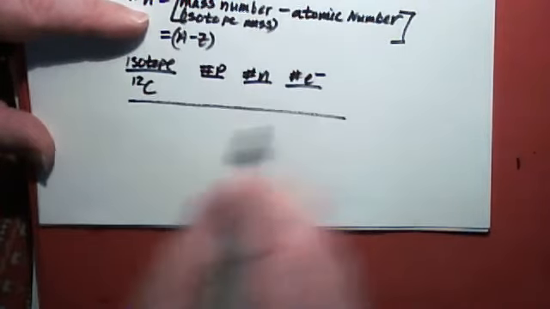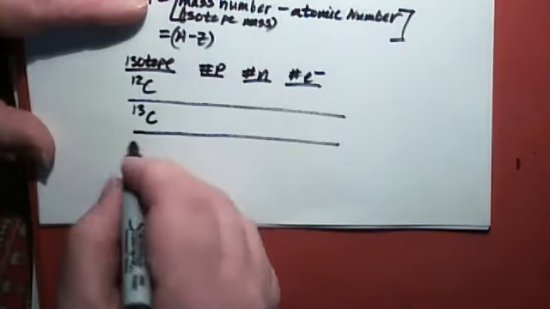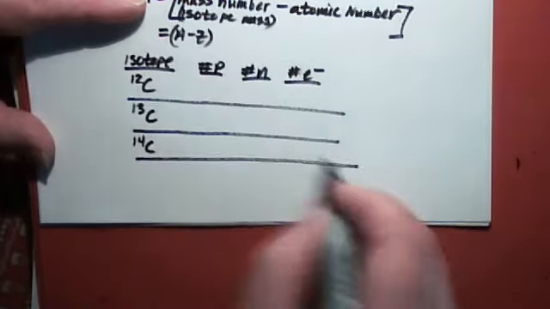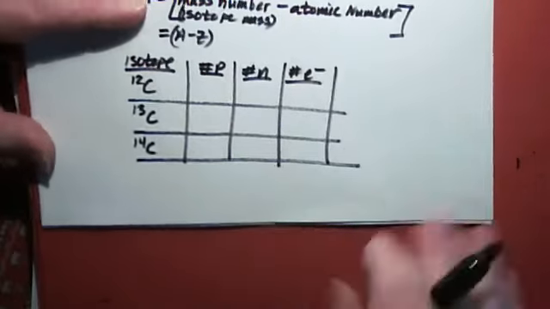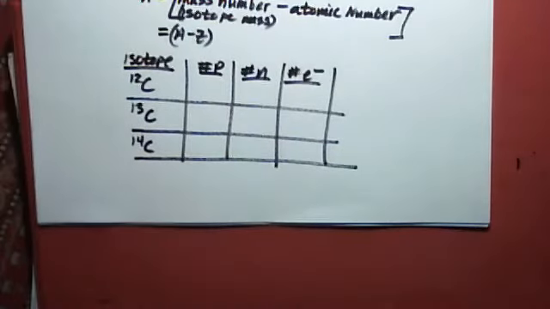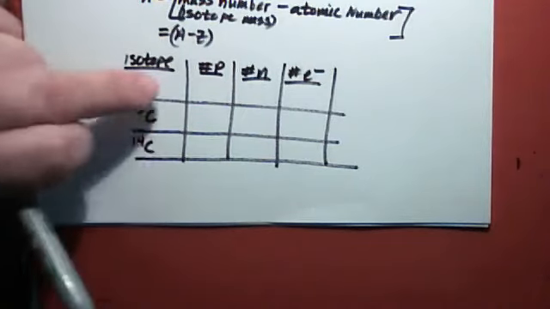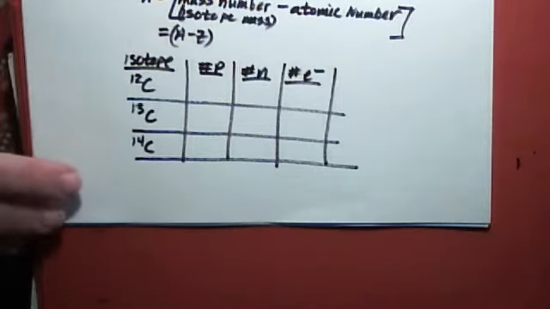And of course, one of the isotopes is carbon-12, one of them is carbon-13, and one of them is carbon-14. Okay, so for carbon-12, you might want to try and fill this in yourself by pausing the video and then coming back and looking at what we find when we do it together. So I'll give you a moment to pause the video.